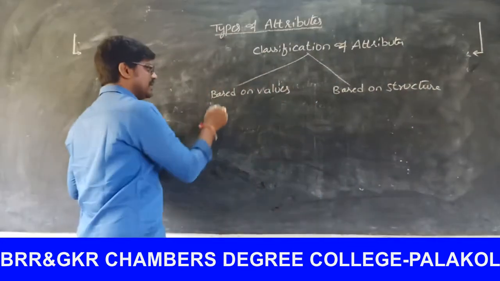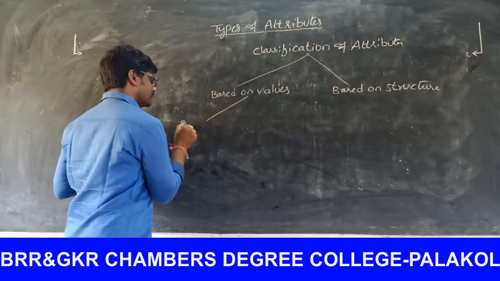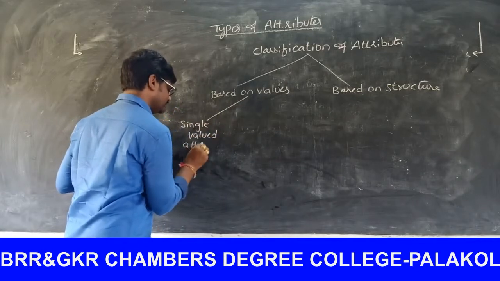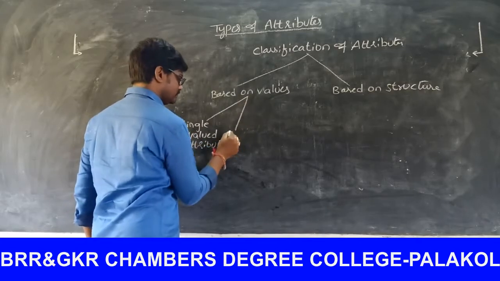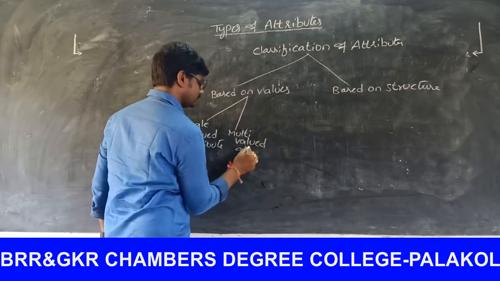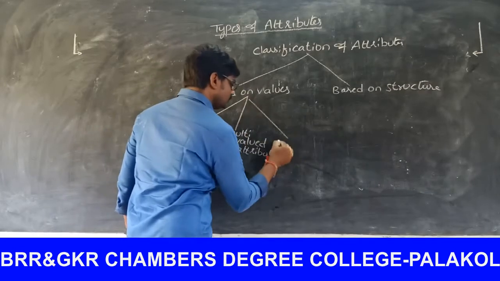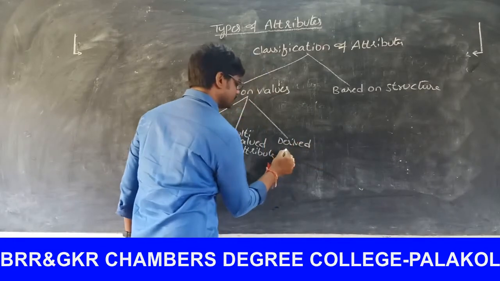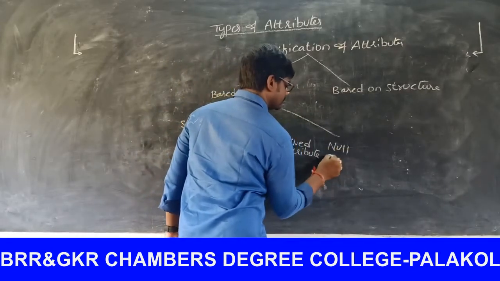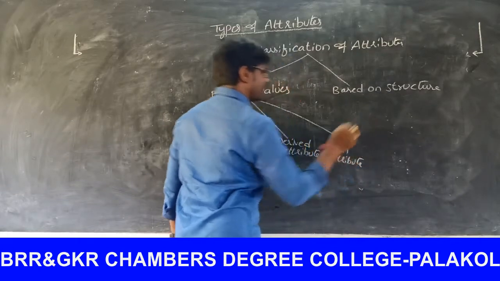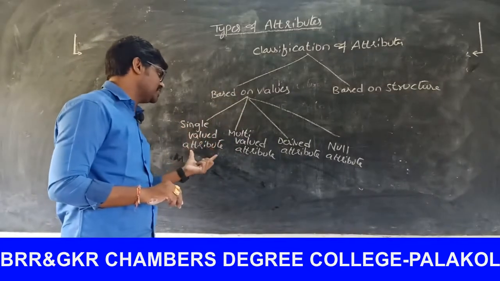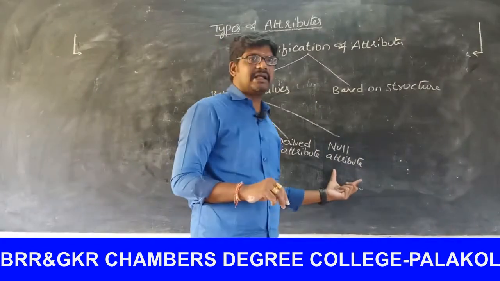Based on the values, the attribute can be classified into four types: single valued attribute, multi-valued attribute, derived attribute and null attribute.